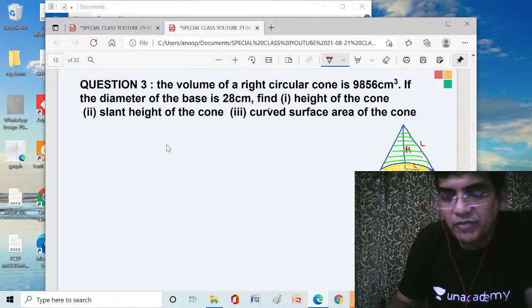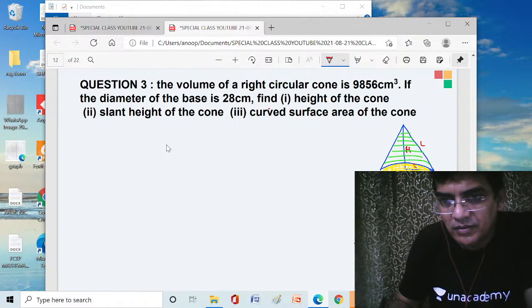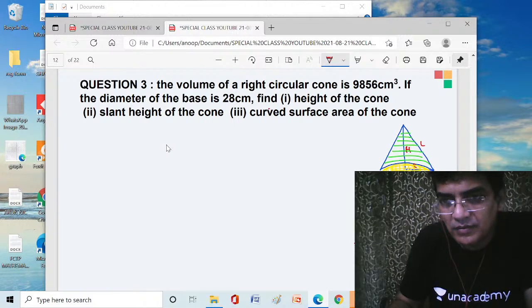So curved surface area is pi r L and the circle is pi r square. Now if I take pi r common, then it will be pi r (L plus r). So this is the formula for total surface area. You have to remember these four formulas that we will be using for solving the questions based on cone.